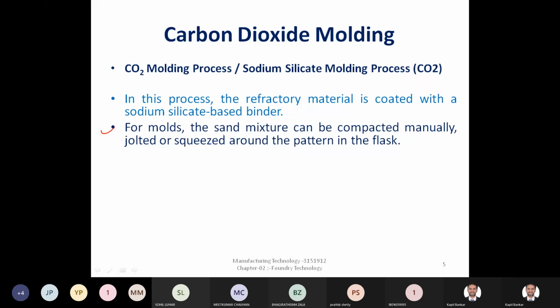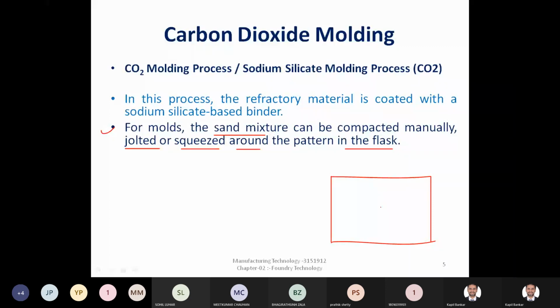For the mold, the sand mixture can be compacted manually, or jolted, or squeezed around the pattern in the flask. We have done the same process in sand molding also. This is the pattern and this is the flask.